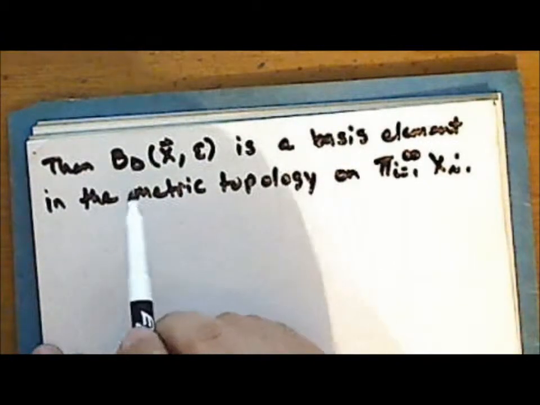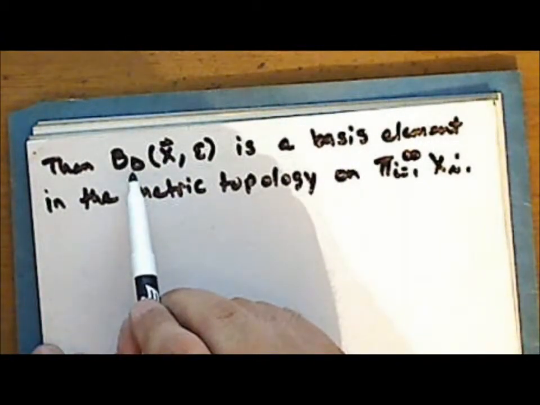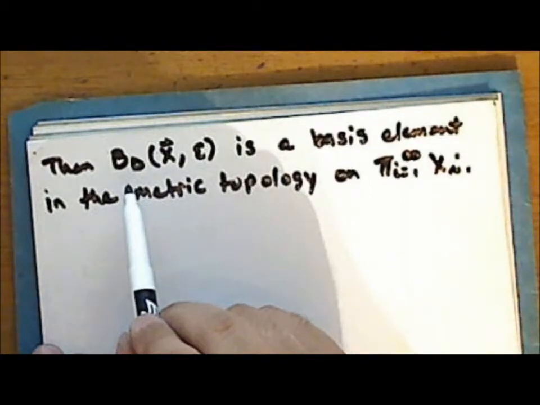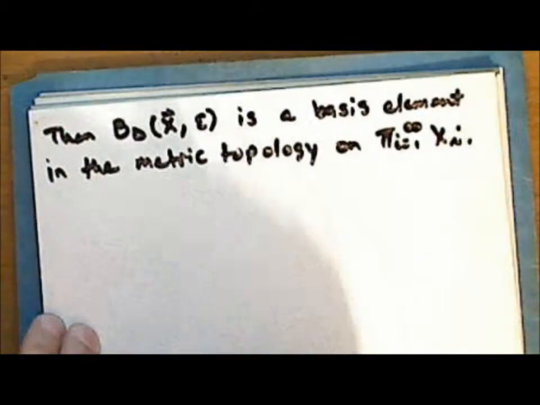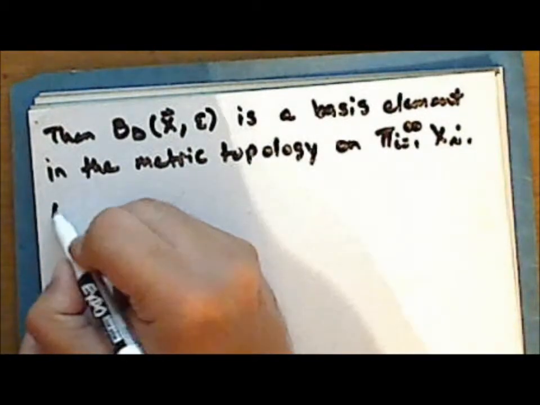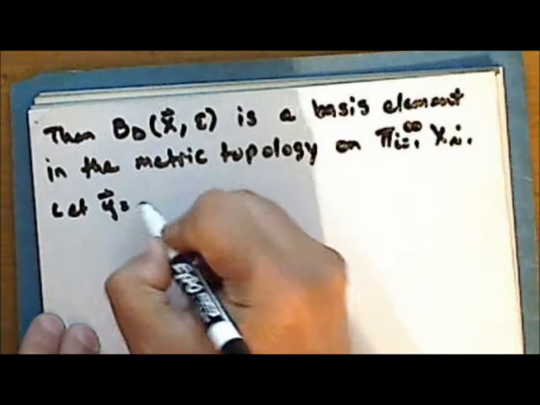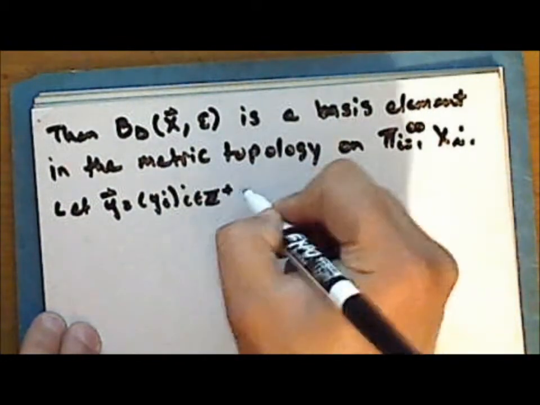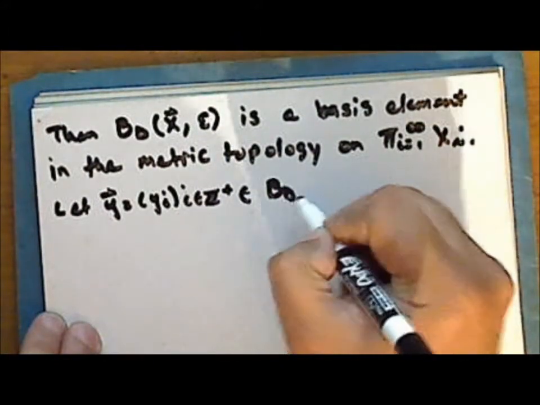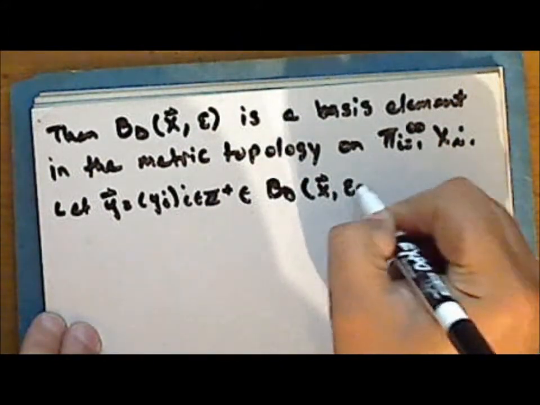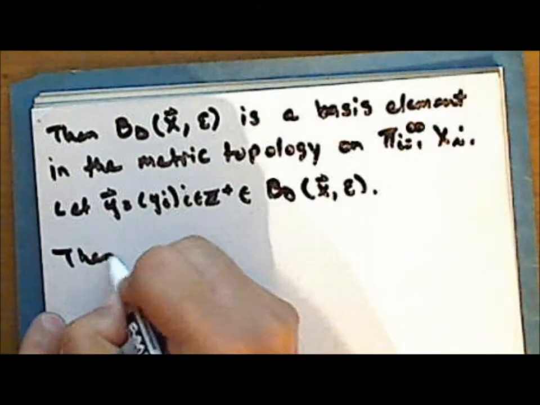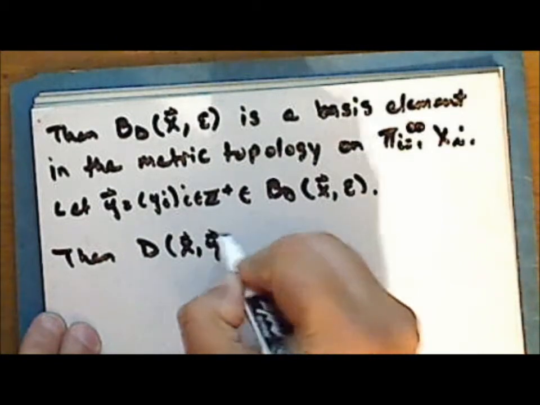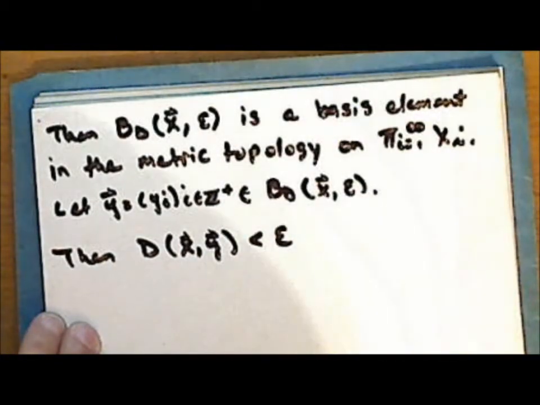So we'll show that given a point in this open ball, it is in the set V, which is itself a subset of the set U, and so the open ball will be a subset of U. So let the point Y with coordinates y sub I be in the open ball. Then the distance under the metric big D from the point X to the point Y is less than epsilon.